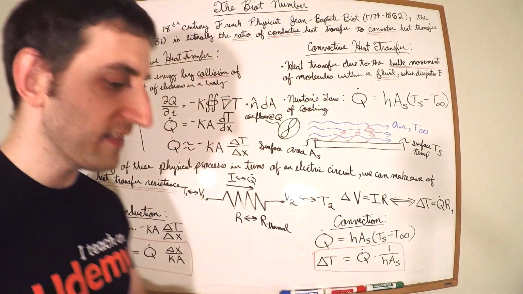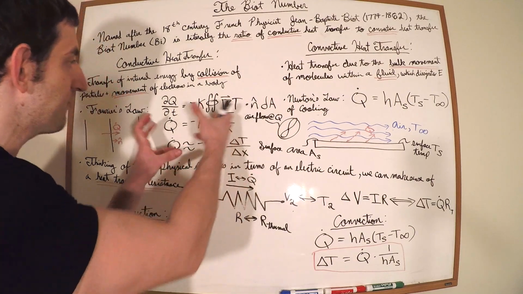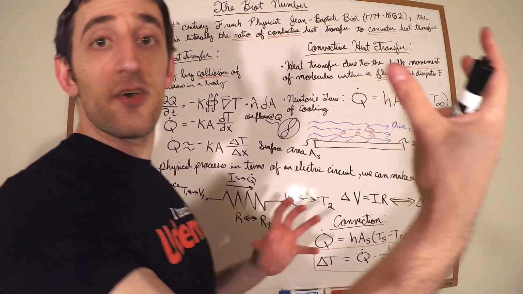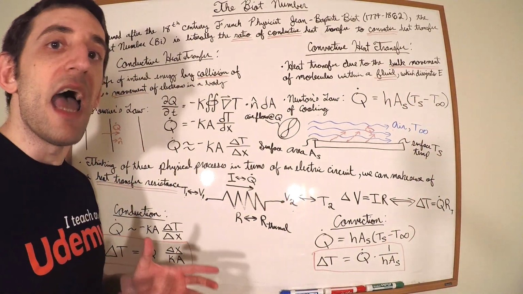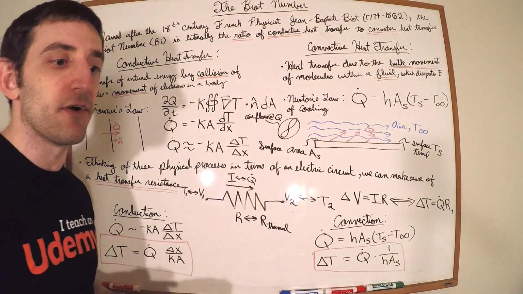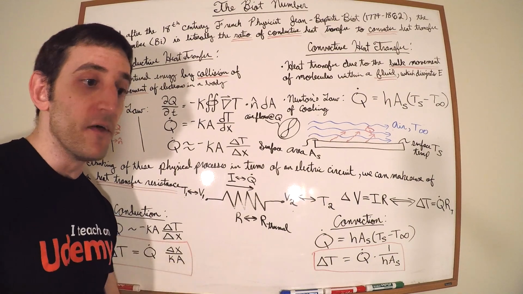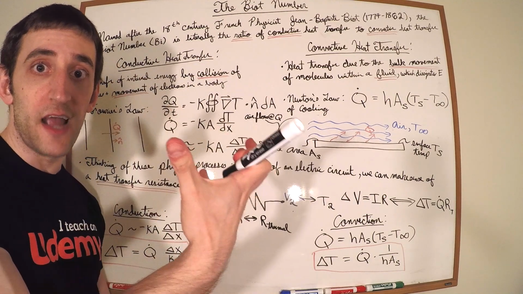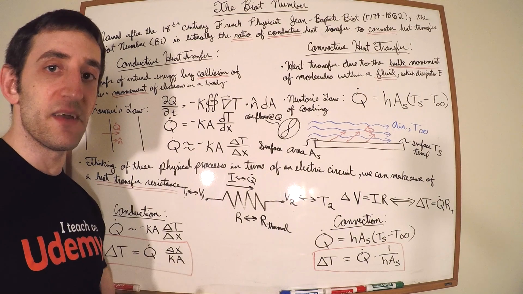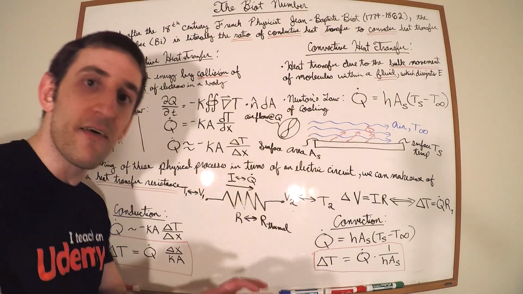Okay? Now, the only thing that is remaining is that the heat transfer may be great or it may be very small. And the amount of heat transfer is inherent in the properties of that material. If you use copper, it's going to be very high. If you use more insulating materials, such as plastic, it's going to be very low.